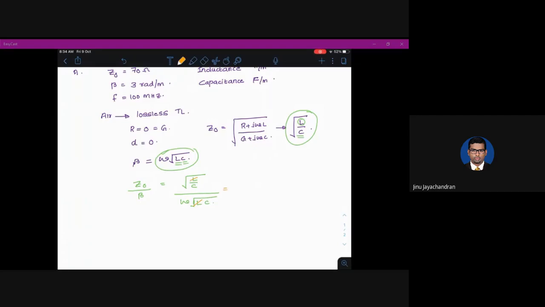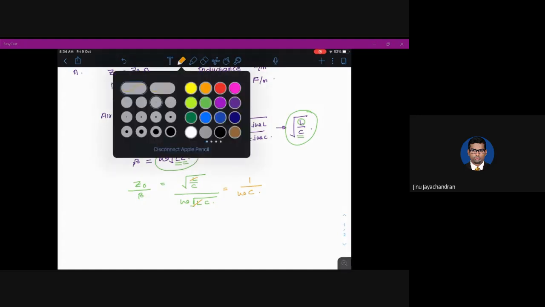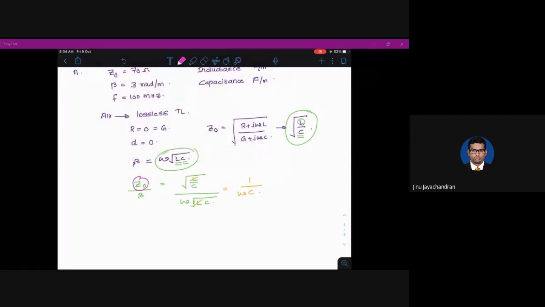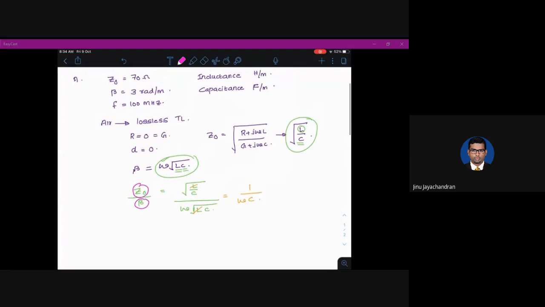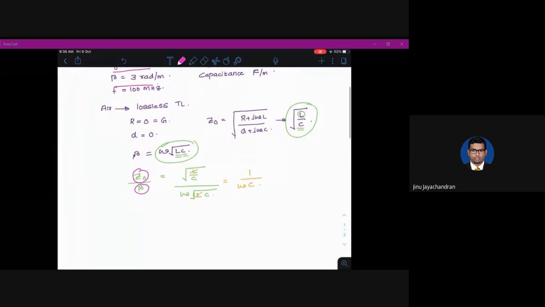This will be equal to 1 by omega into root C, which becomes C. And we know the value of Z0 and beta, that is already given. If you substitute that, 70 by 3 is equal to 1 by omega, which we also know, which is 2 pi F, that is 2 pi into 100 into 10 raised to 6, multiplied by C.